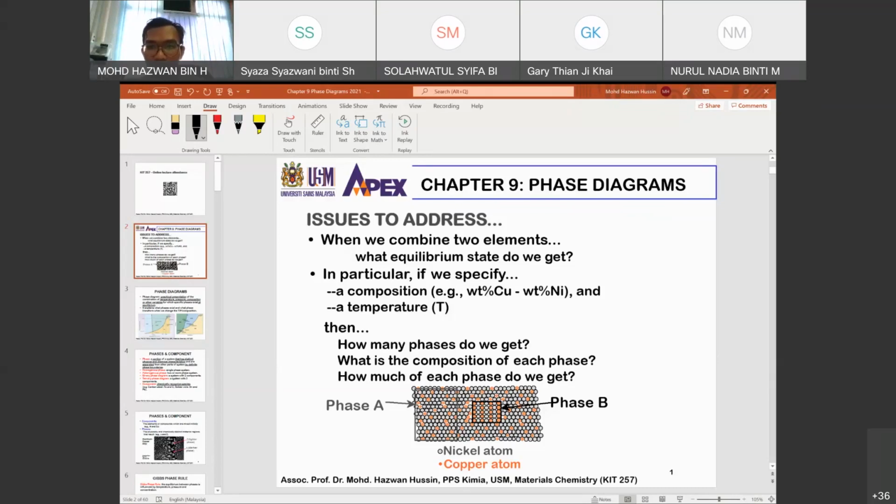Then in a phase diagram, we can also identify how many phases you will get in the end. And what will be the composition of each phase? And finally, how much of each phase do we get?